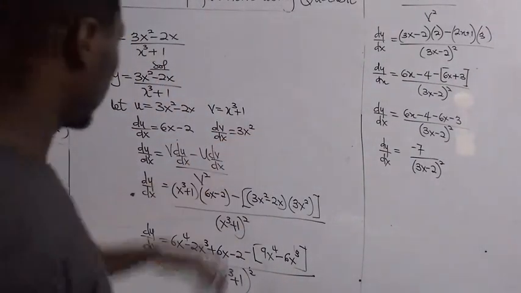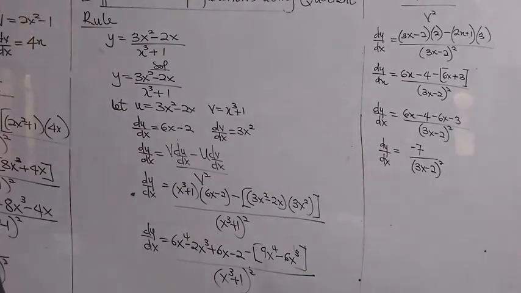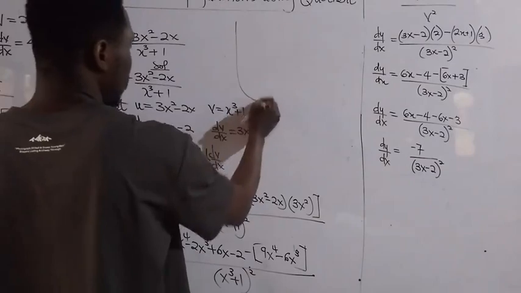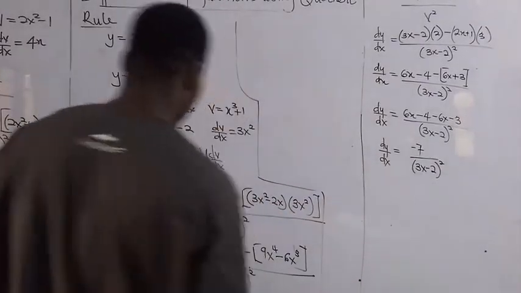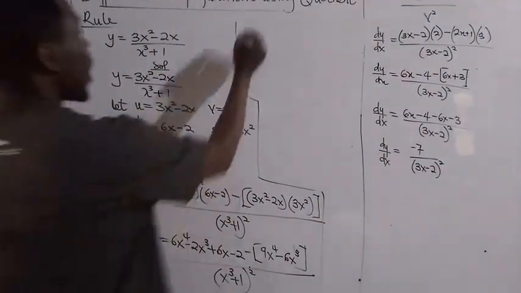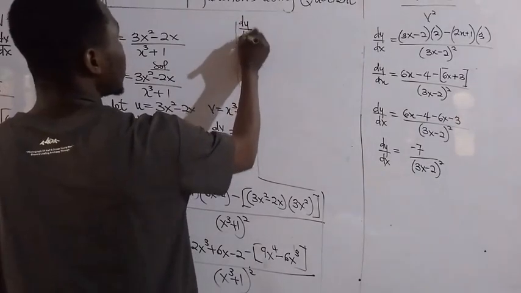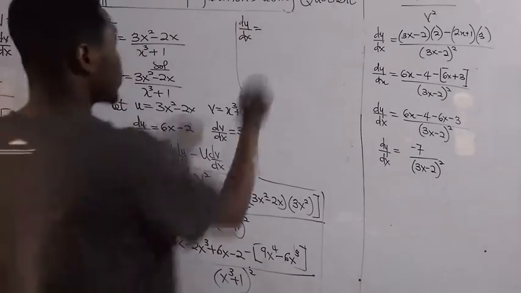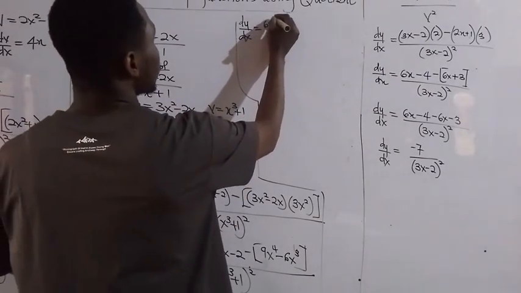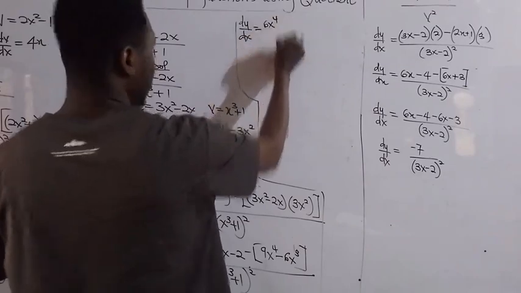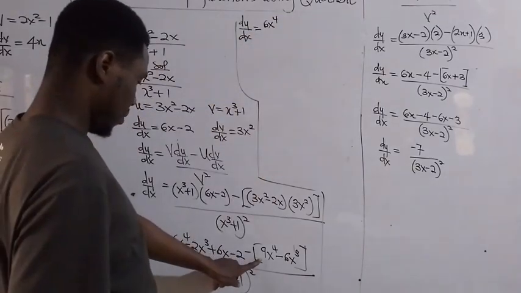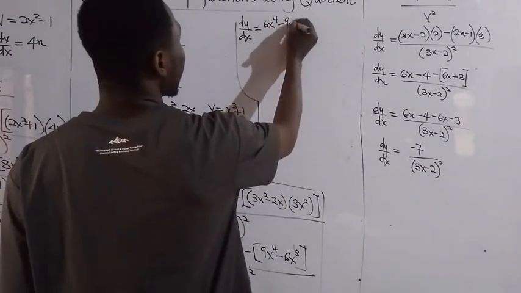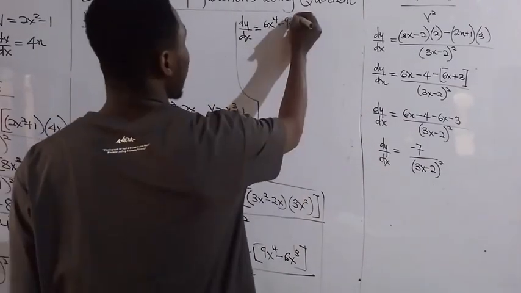I think this space will not be enough. Or I think it will still be enough. So let's manage and use this space. So our dy over dx will be equal to, we open bracket, 6x to the fourth power. Then this will give us negative 9x to the fourth power.